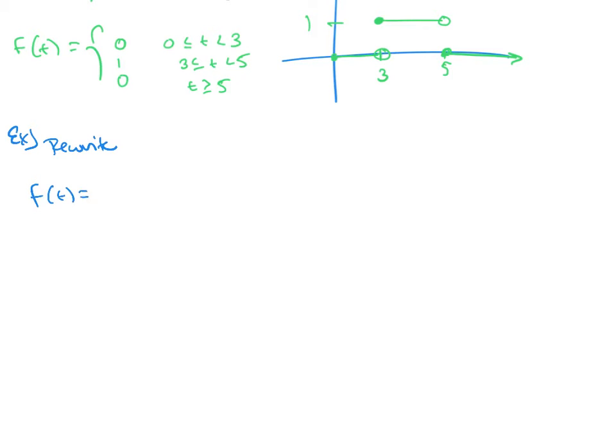f of t is equal to the following piecewise function, and I'm going to be mean. I want 4 pieces: 0, 1, t squared, t cubed. I want this equal to 0 when t is between 0 and 1. I want the function equal to 1 when t is between 1 and 2.